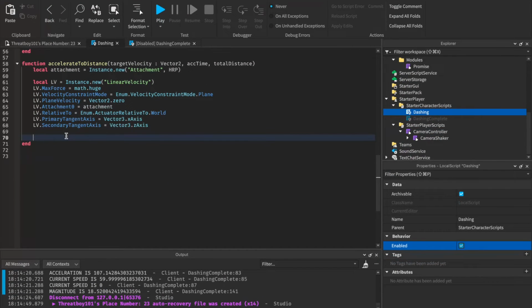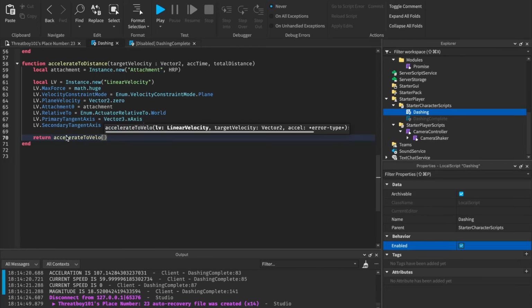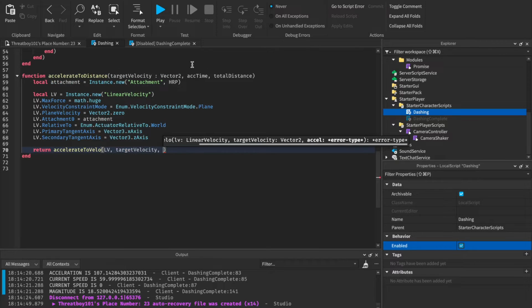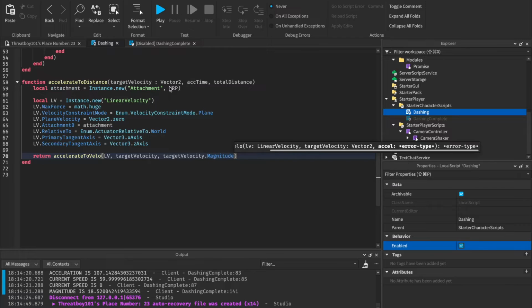Now we will accelerate the character towards the target velocity. Call on our accelerate to velocity function, that's in our linear velocity, target velocity, and for acceleration, we will have target velocity magnitude over acceleration time.